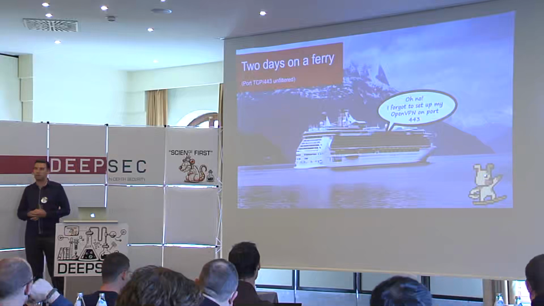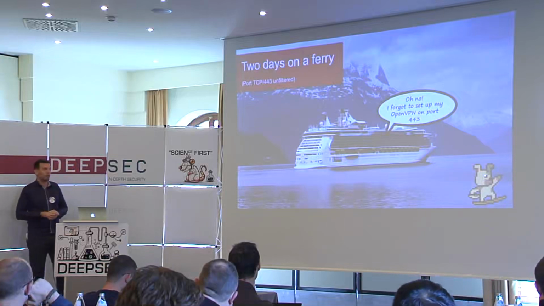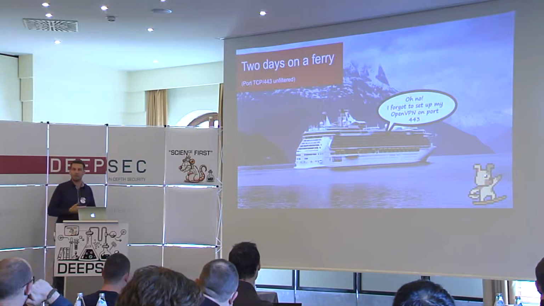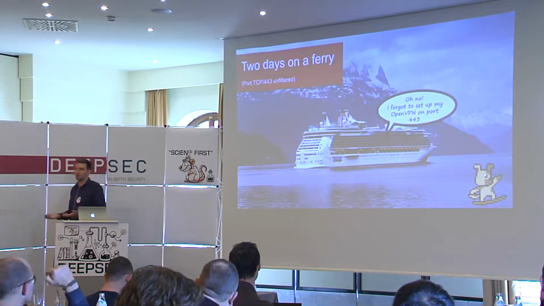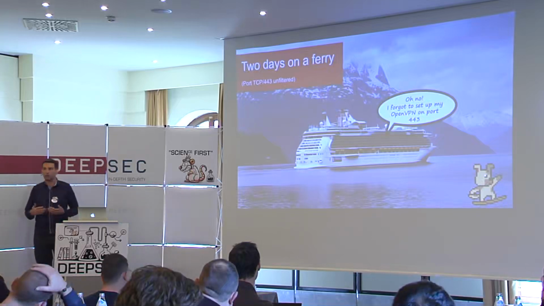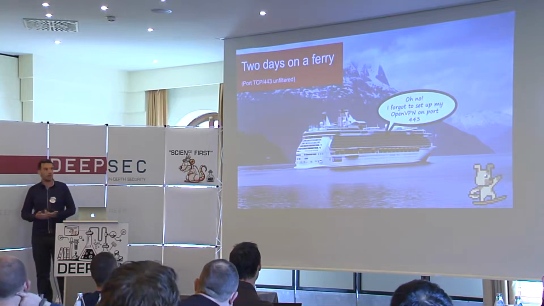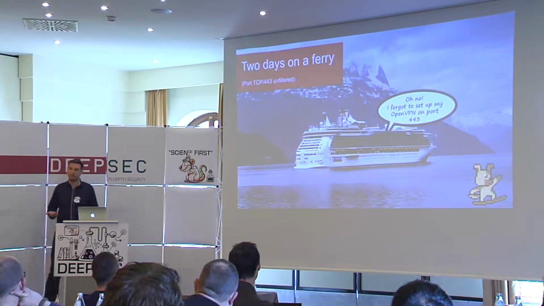So I started to poke around, and I realized that the port we usually use for HTTPS, port 443 on TCP, was unfiltered. So if I had set up an OpenVPN server on port 443, then I could have had unfiltered internet access for two days, but I didn't do that, so I was bored for two days.